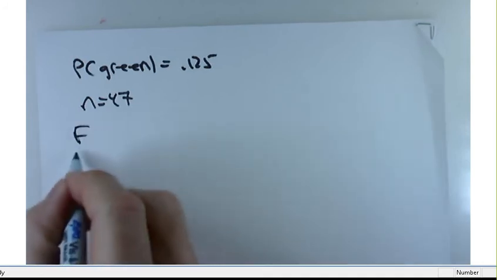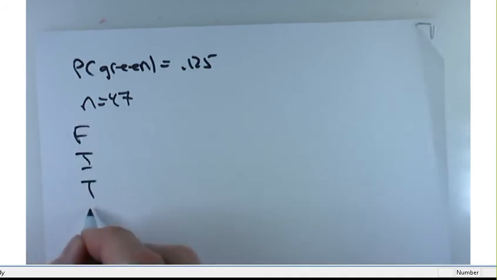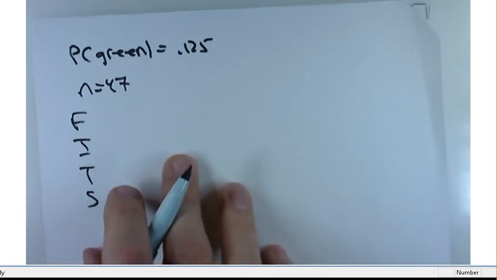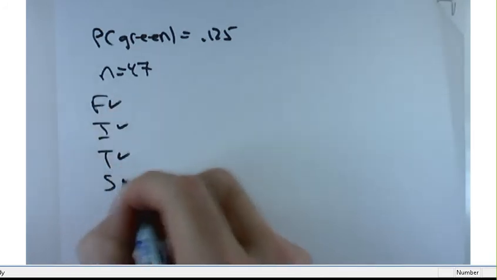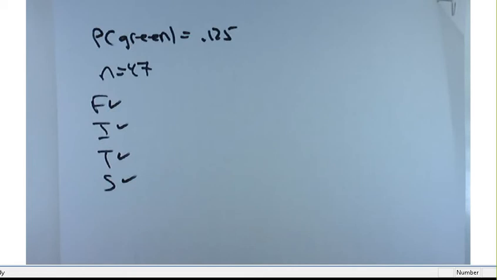So fixed number of trials, independence, 2 outcomes. Do we have 2 outcomes? Kind of, yeah, if you're thinking green or not green. Those are our 2 outcomes, so we're okay there. And same probability of success? Well, yeah, we get that from our 5% rule. We're going to assume that they're the same, even though we took a few out of the billions that we get.